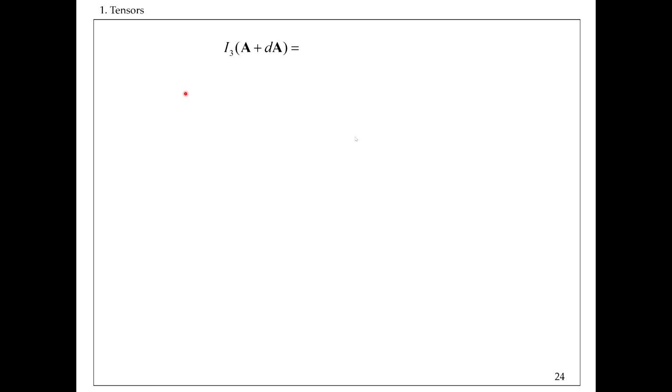And then again, in a very similar manner as in the calculation with the simple function y of x, here we also have the original one, the point where we started, y at point x. So I3 at point A plus our partial derivative multiplied by the increment dA, this differential.